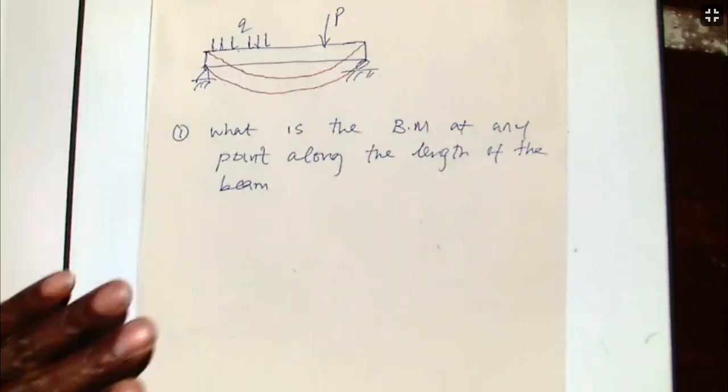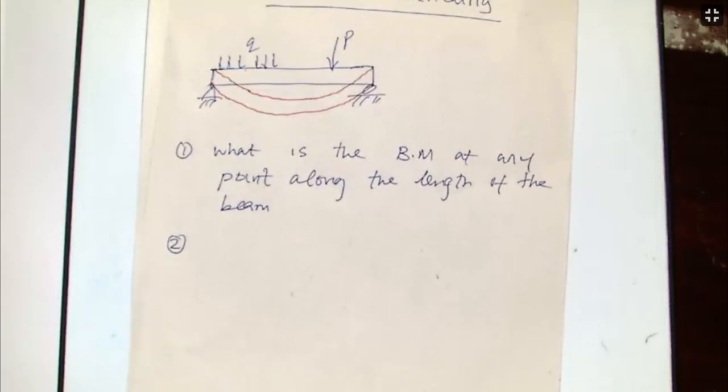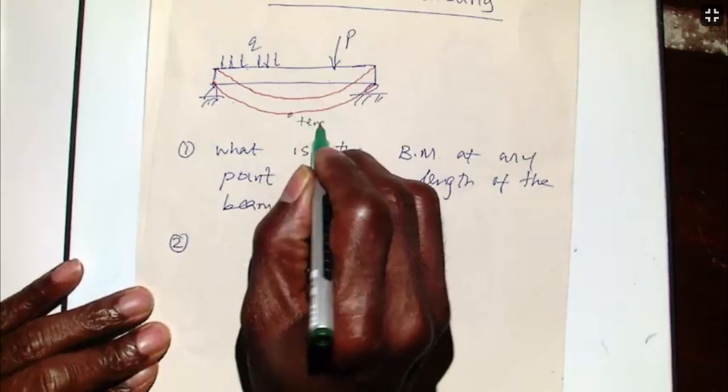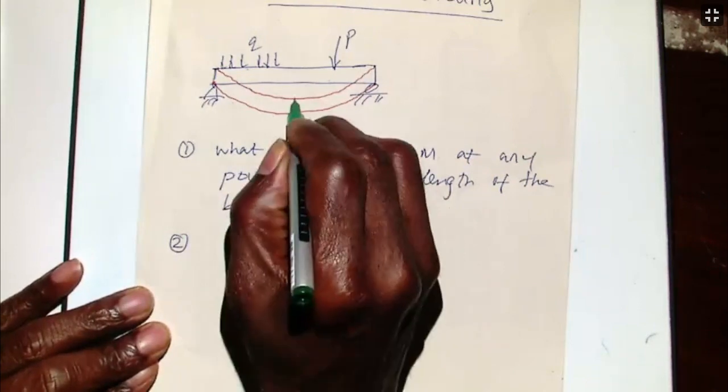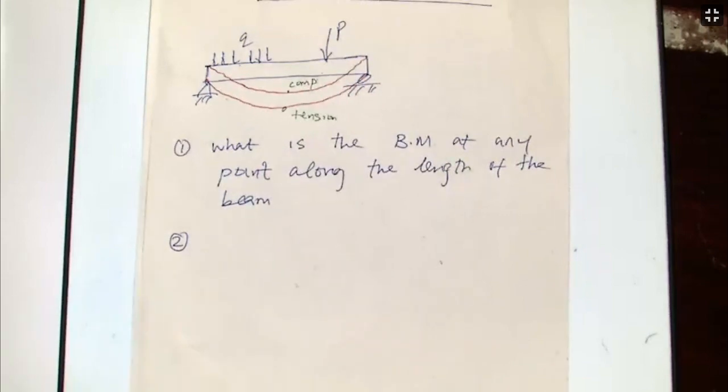The second question we are trying to answer comes from the shape of the deformed beam. We know that right here will be in tension, and right there will be in compression. So because of the tension and compression, we are generating some stresses.